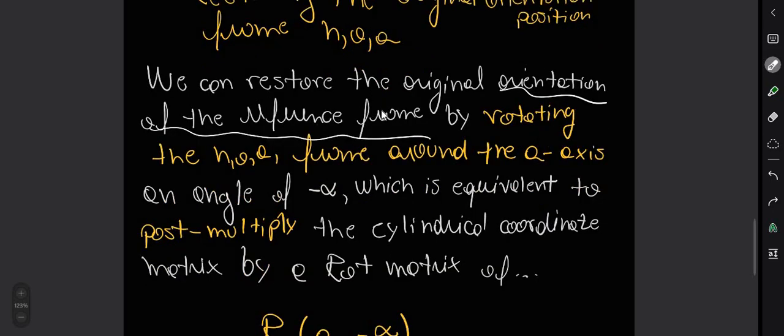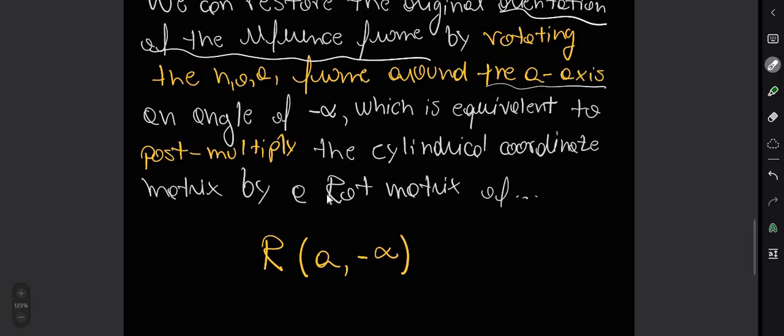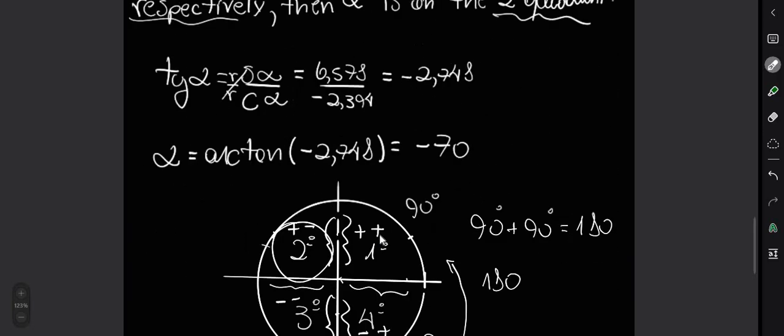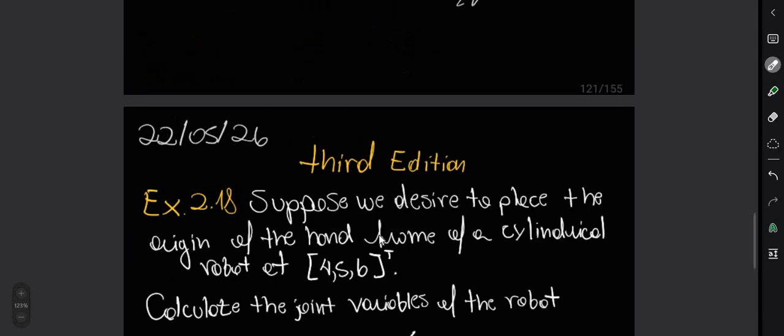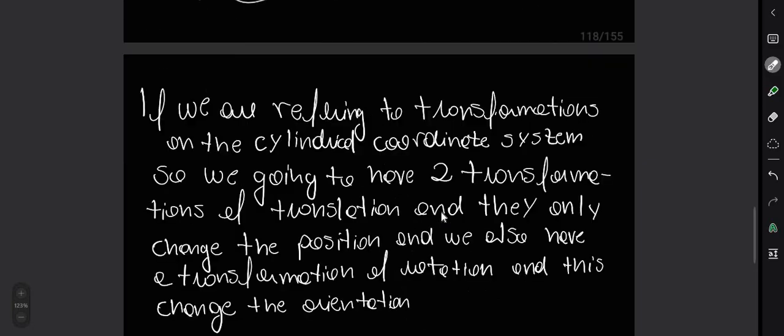We can restore the original orientation of the reference frame by rotating the NOA frame around the A axis. See, it's not a coincidence. It's a technique that we have just learned and we are applying again. And for what? To restore the original position and rotation of the frame. We are getting close. I think it's this.